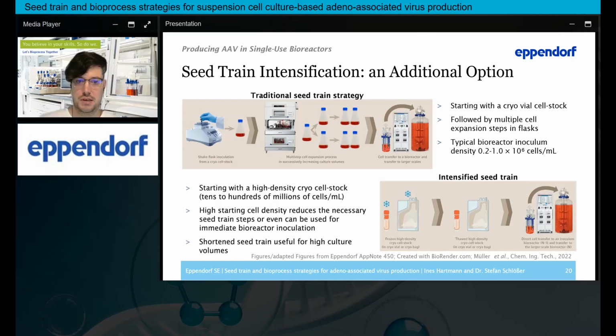And this would then be, for example, a reduction towards a two-step seed train. So if you're working with higher bioreactor volumes, this is definitely an option to look out for.